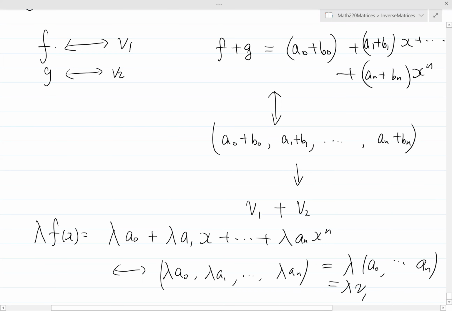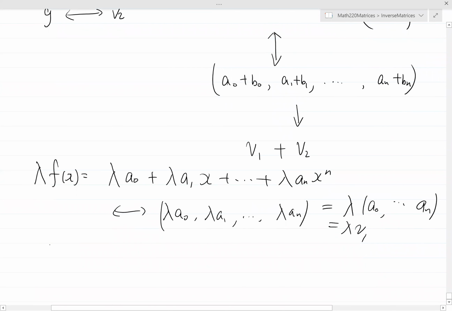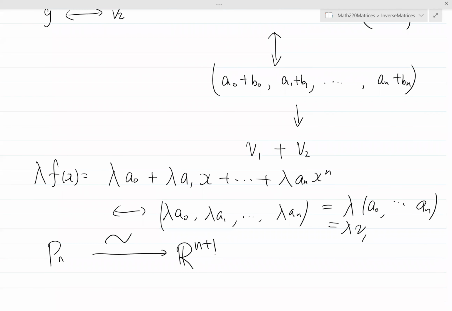Okay, so you can check this. Actually, we have a correspondence. The vector space of polynomials of degree less than or equal to n is isomorphic with R^(n+1).